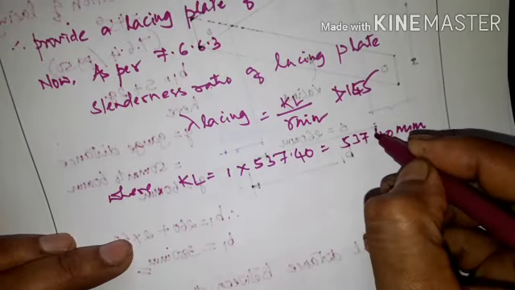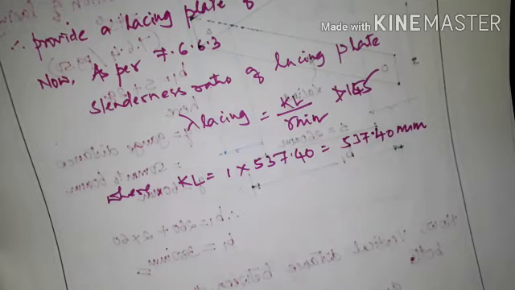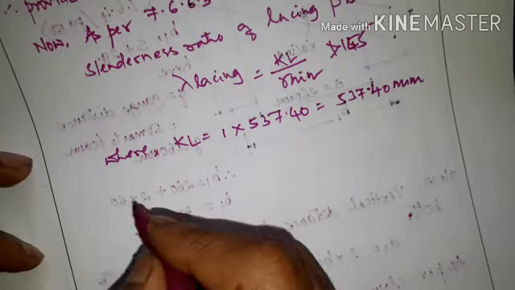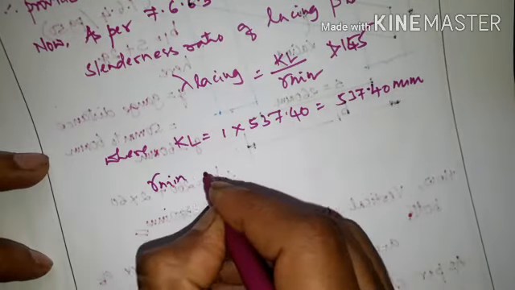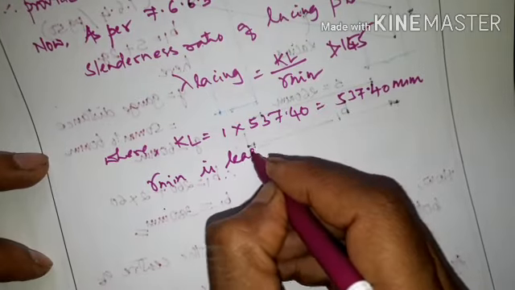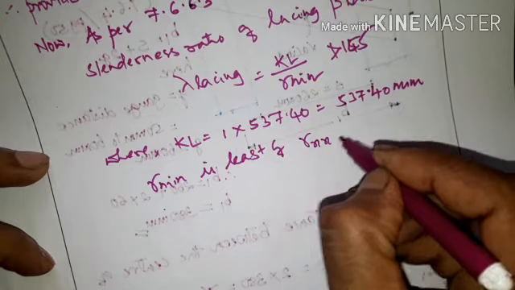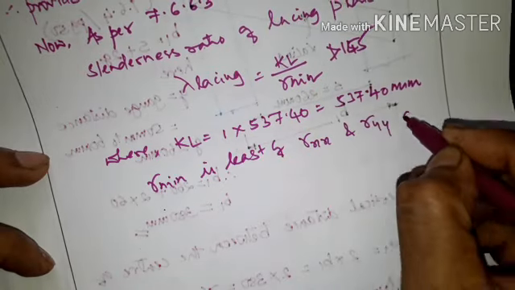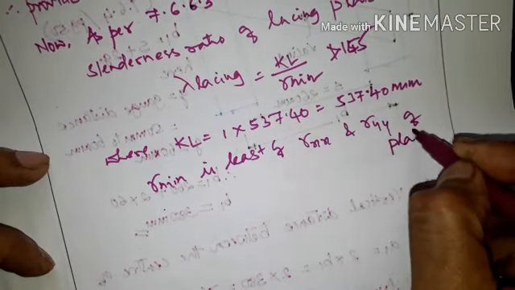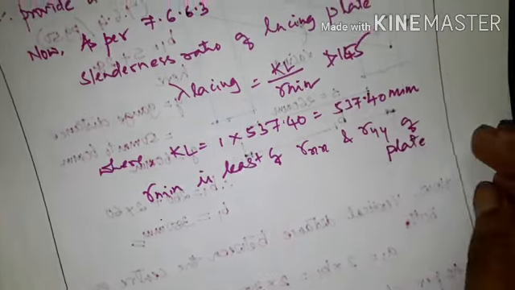Okay, that is KL. Then R minimum is least of RXX and RYY of plate.